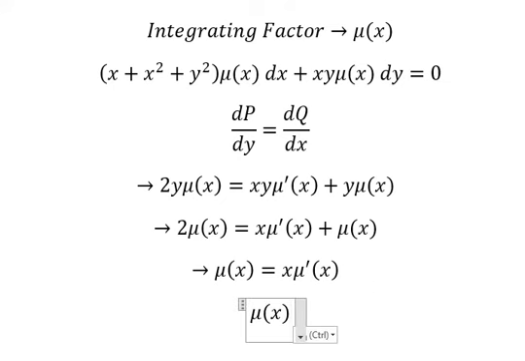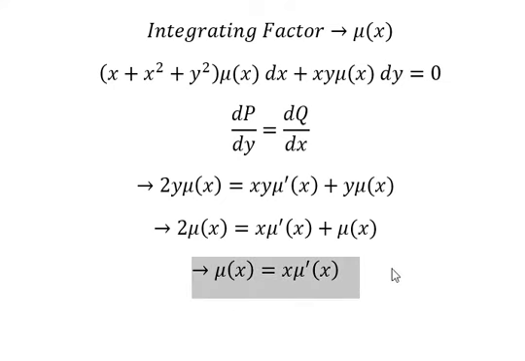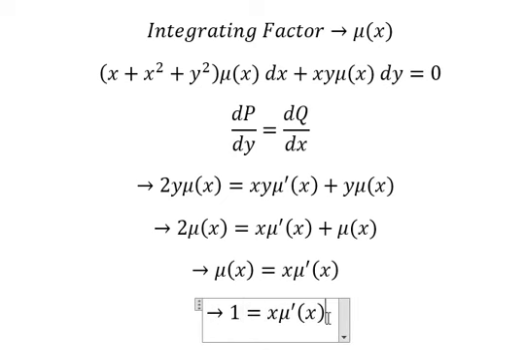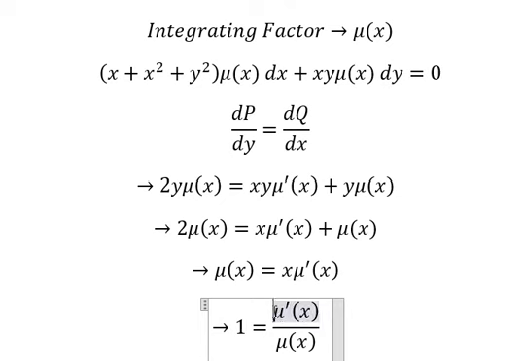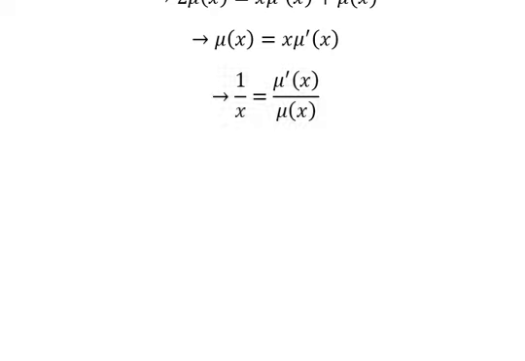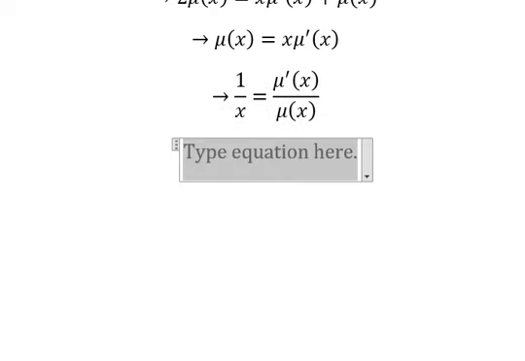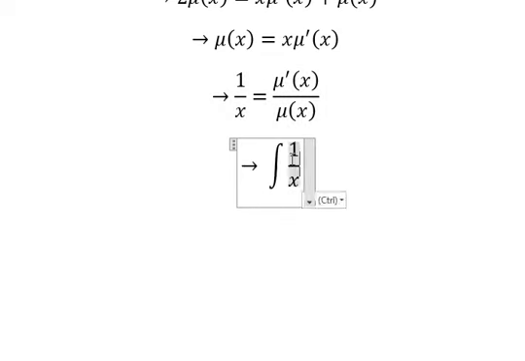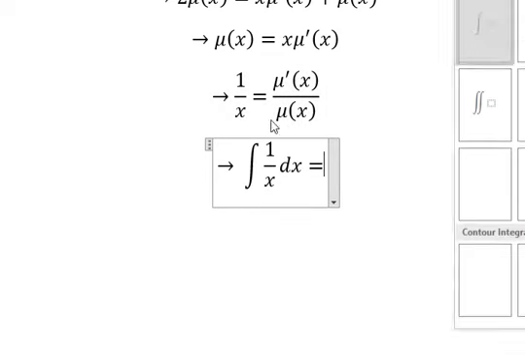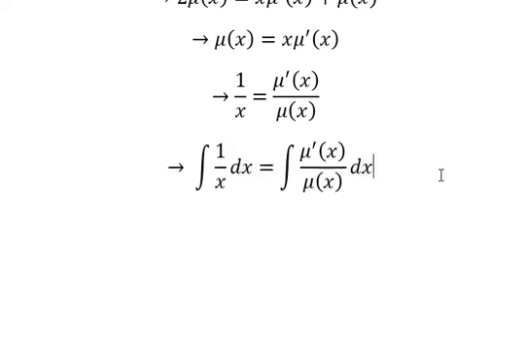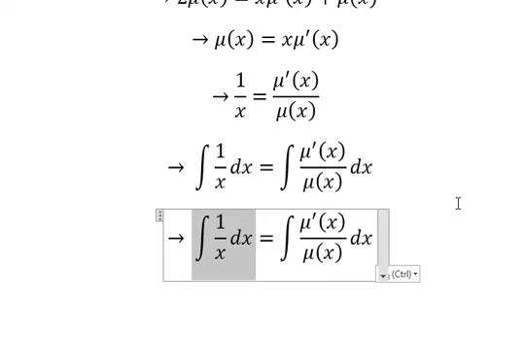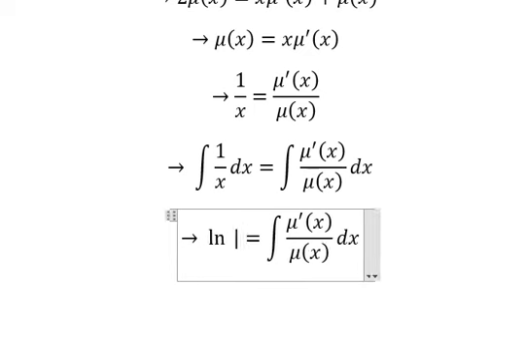Later we divide both sides by mu s. Next we divide both sides by s. Next I will put the integration for both sides. The integration of this one, we have ln of the absolute value of s.